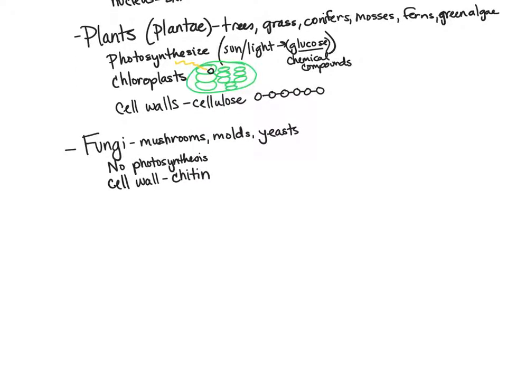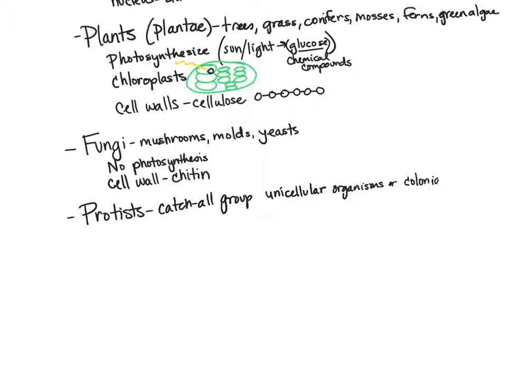All right. The next group of eukarya that I'd like to talk about briefly are the protists. The protists are a catch-all group, a catch-all group of both unicellular organisms or colonial organisms, meaning those that live in a group and work together.